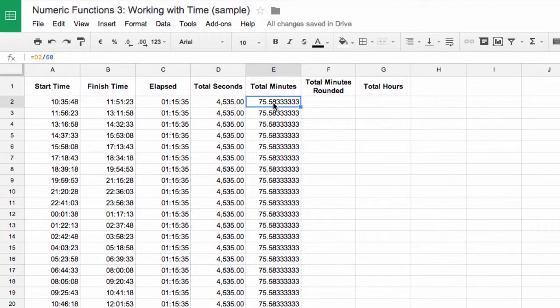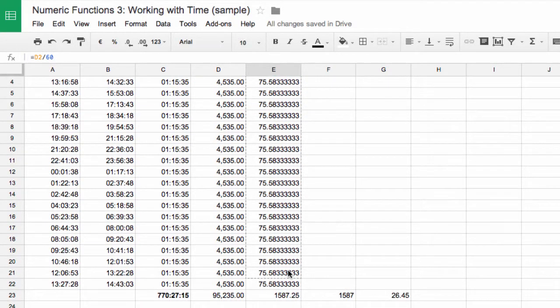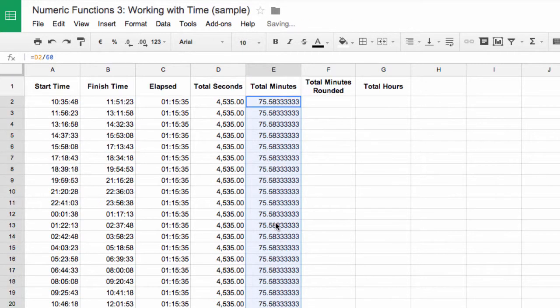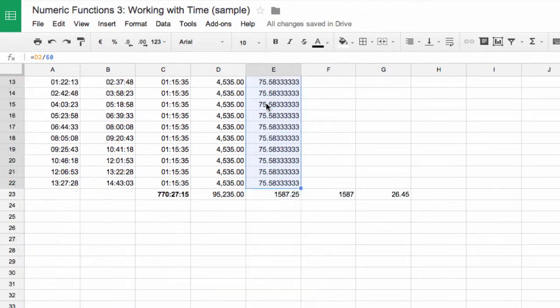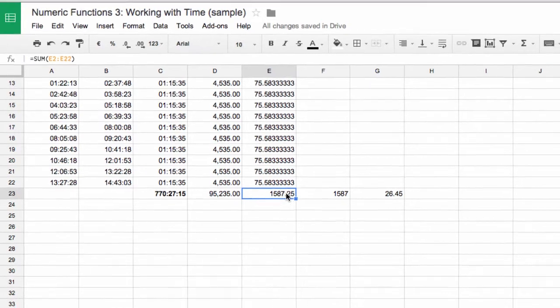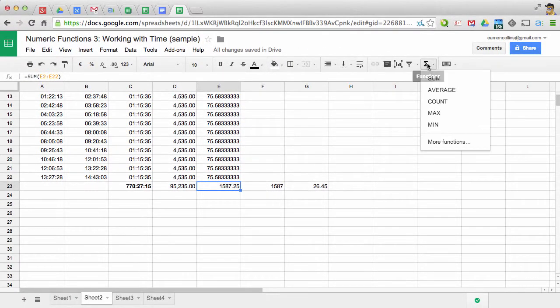To get the total minutes, just get this figure here, so it equals the seconds, and divide that by 60. So now I have the elapsed time expressed as minutes and decimal seconds. And now I can total them just using the sum function.